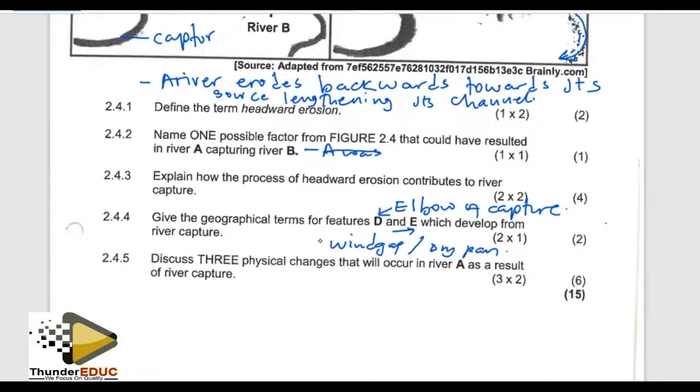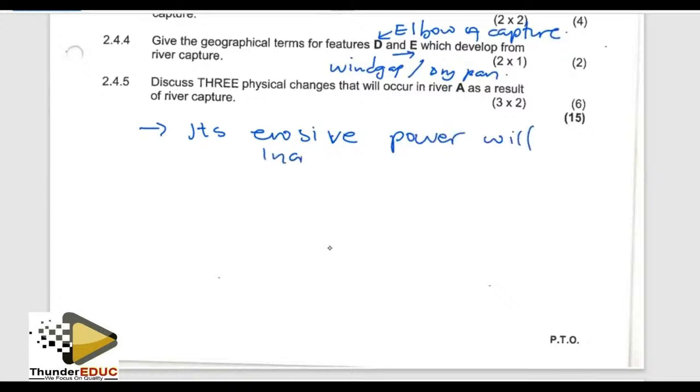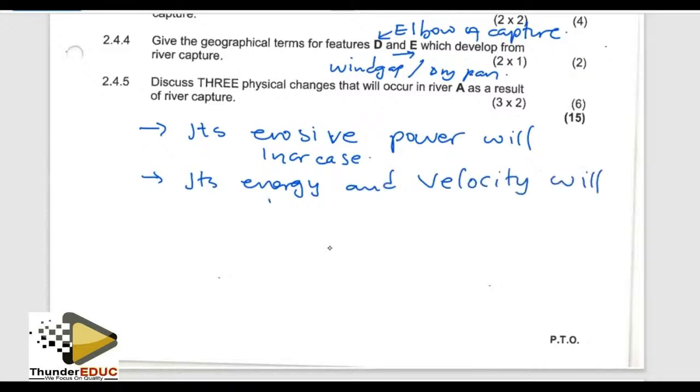2.4.5: discuss three physical changes that will occur in river A as a result of river rejuvenation. What's going to happen to river A? I would say its erosive power will increase. Its energy and velocity will increase.